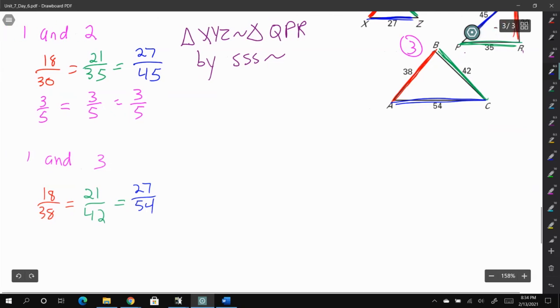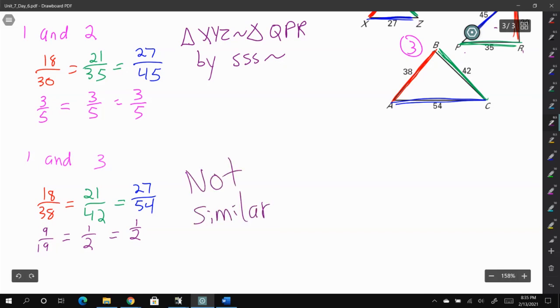So 18 over 38 is 9 over 19. 21 over 42 simplifies to 1 over 2. 27 over 54 also simplifies to 1 over 2. So these are not similar because you do not get the same result each time. So that means we don't need to check triangles 2 and 3.